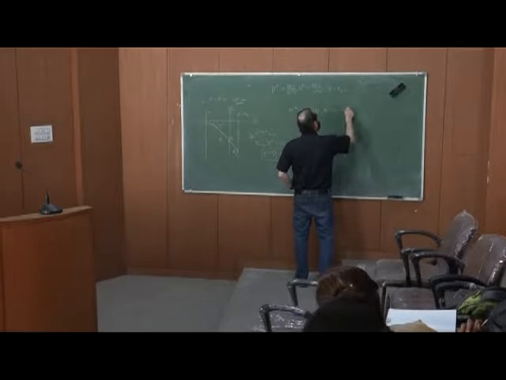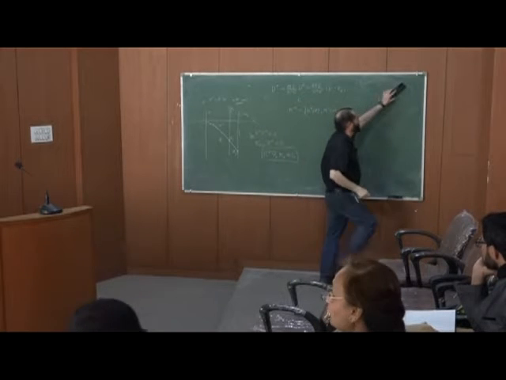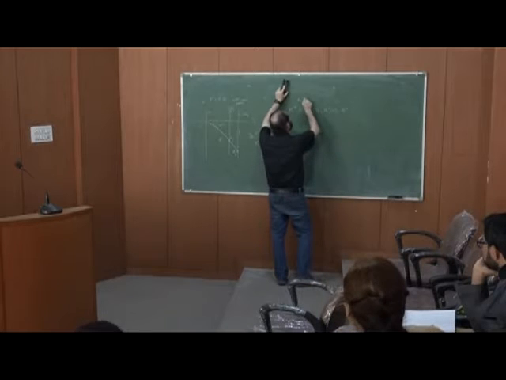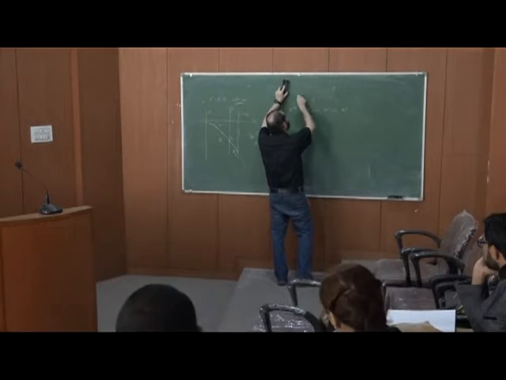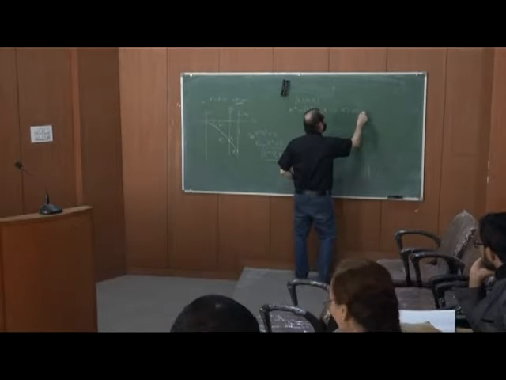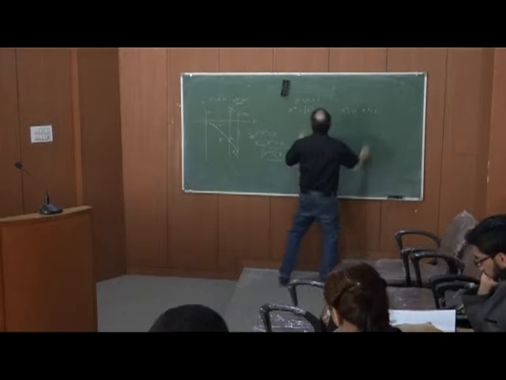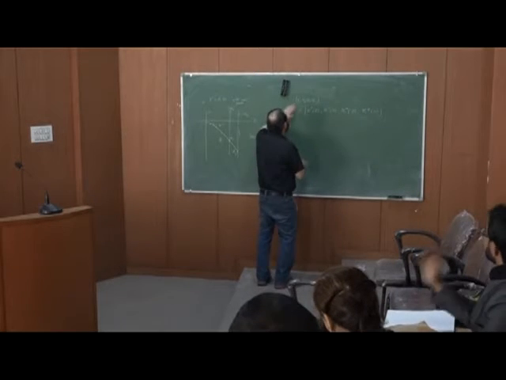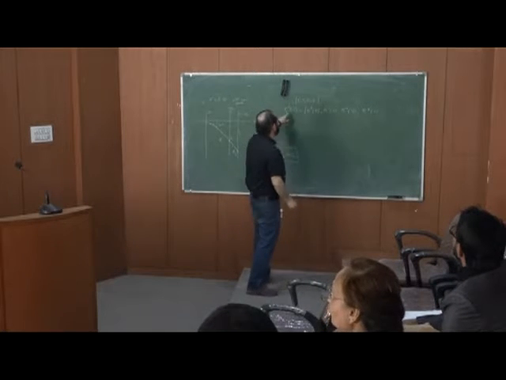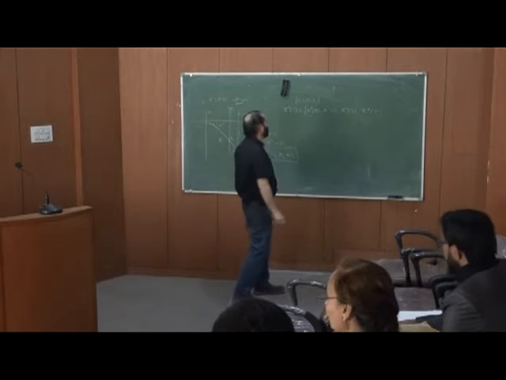If our coordinates are t, r, theta, phi, this vector will be parameterized in this form. It's a standard notation too.